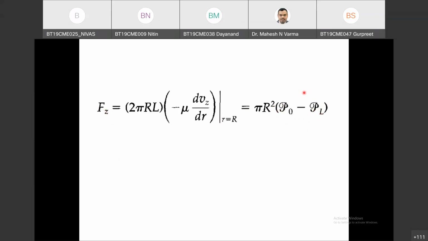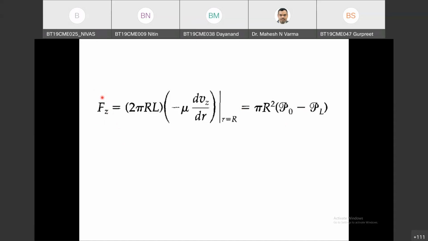Another thing: say your pipe is hanging in air, and there is a drag force exerted by the flowing fluid on the pipe. Certainly this pipe will try to move in the direction of flow. To prevent that, the support should be strong enough, at least more than this force.